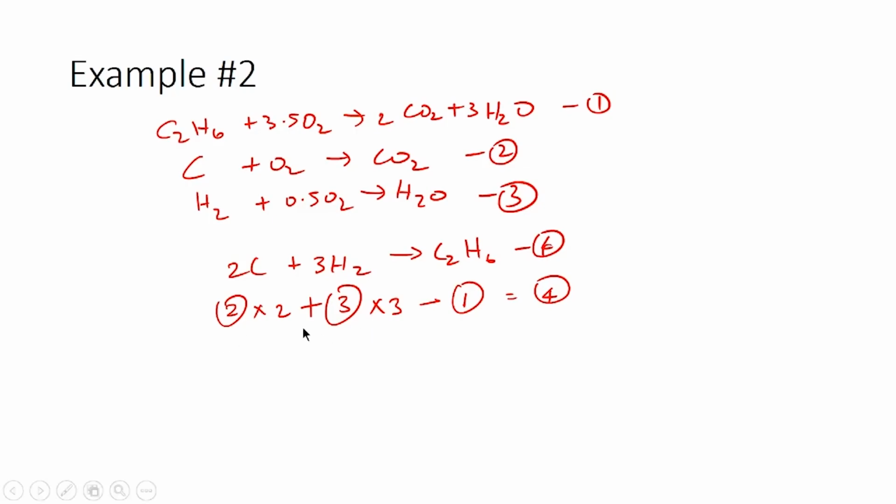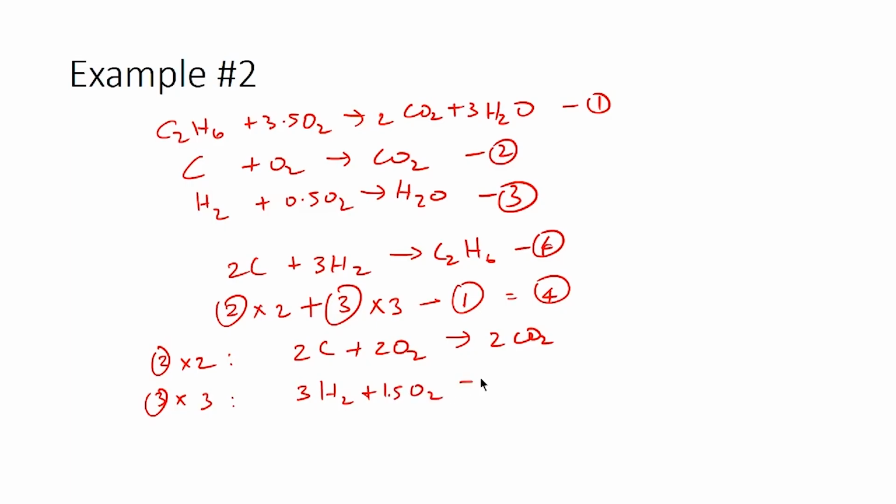When I do this operation, 2 times 2 would look like 2C plus 2O2 gives 2CO2, and 3 times 3 would look like 3H2 plus 1.5 O2 gives 3H2O. Now reaction 1, I want to subtract it, so this would be changed. The reactants become the products and the products become the reactants. So it becomes 2CO2 plus 3H2O gives C2H6 plus 3.5 O2.